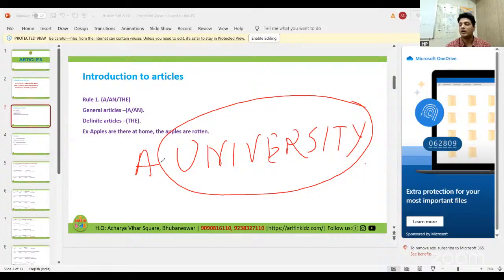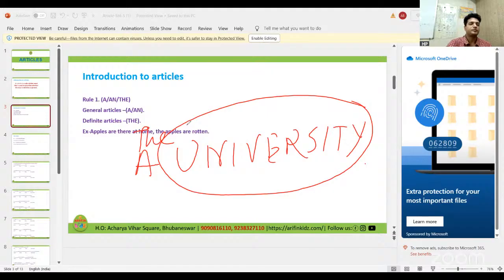If a particular university is mentioned, my university or any particular university, the university I went to was very bad. So it becomes the. If you want to pinpoint or specify one particular university, it becomes the. Otherwise, if it is not mentioned and is said in a general way, it becomes a.